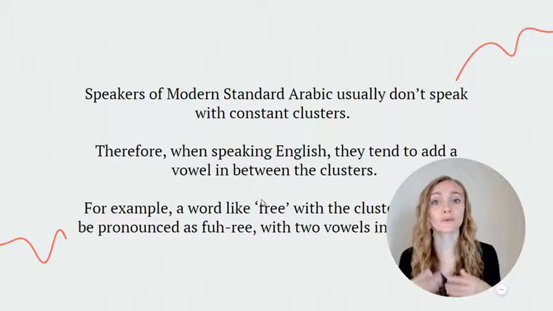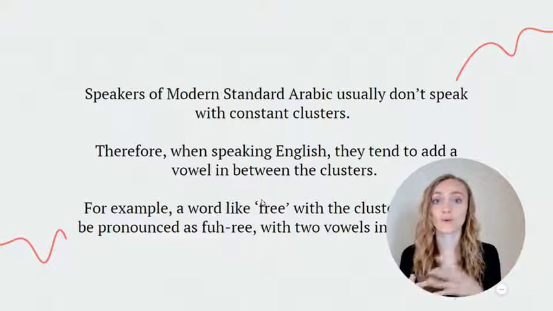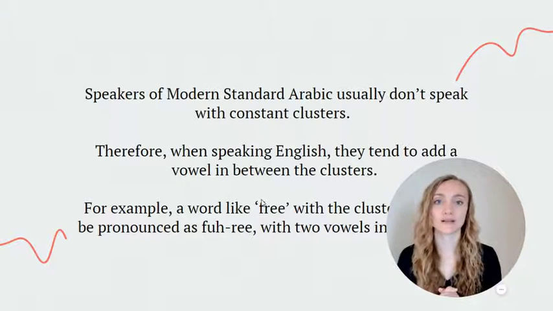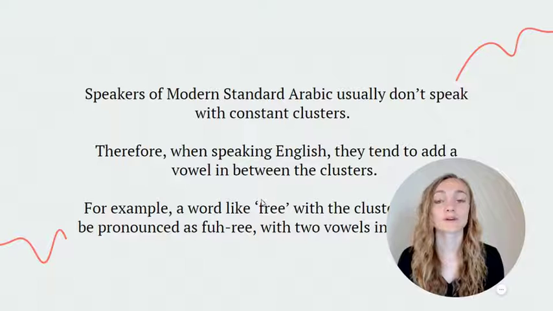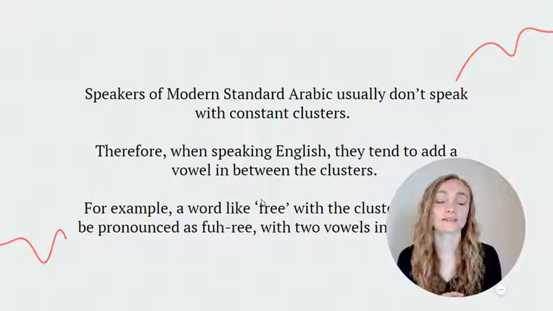So your natural tendency is to insert more vowels. Therefore, when you start to speak English, you probably at some point of learning English, or even until now, have added tiny vowel sounds in between clusters. Remember, vowel sounds are free-flowing sounds where the air is not interrupted.